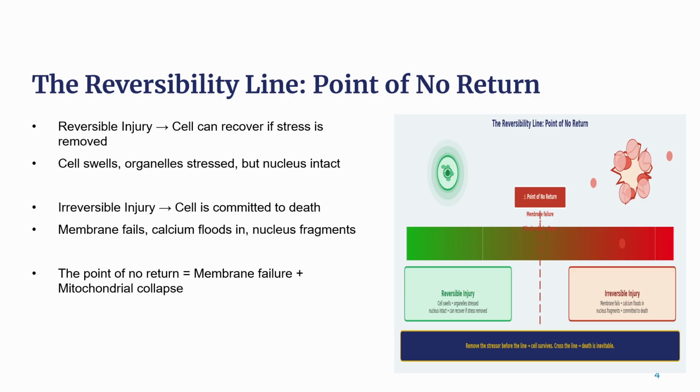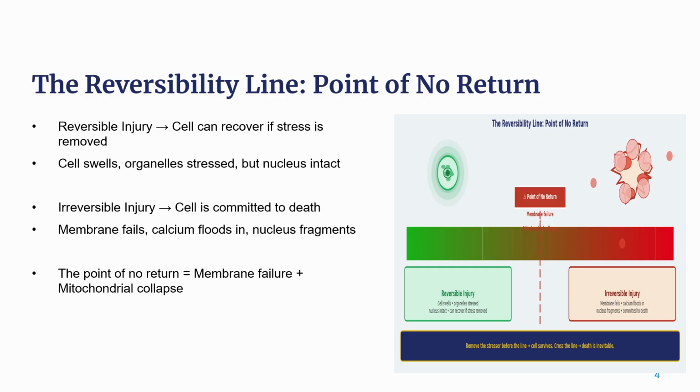This is the most important concept in cell injury, the point of no return. Up until a certain point, if you remove the stressor, the cell can bounce back. We call that reversible injury. But cross a certain threshold and the cell is done. It's committed to death no matter what you do.